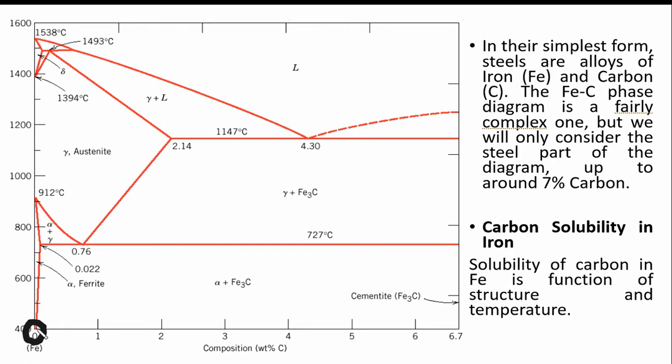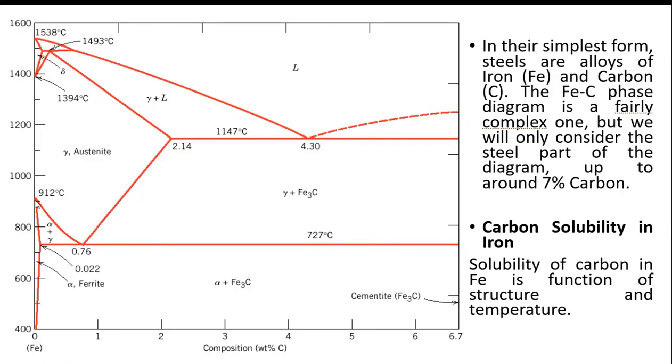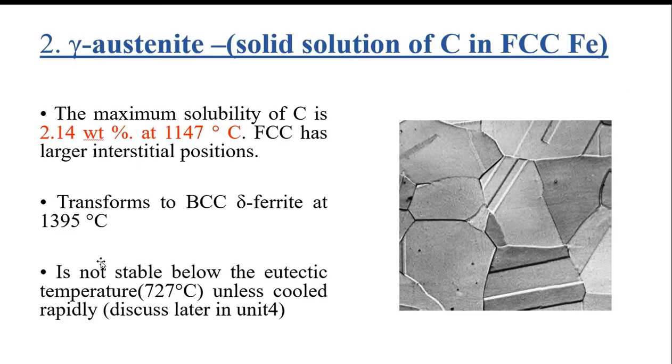This will not equal 0. It starts from 0.008, right, that is what it says. So it transforms to FCC austenite at 912. 912 is here. This is the austenite. So after removing this one, this is again 0.08 and again 0.02. It will reform above this line to austenite.